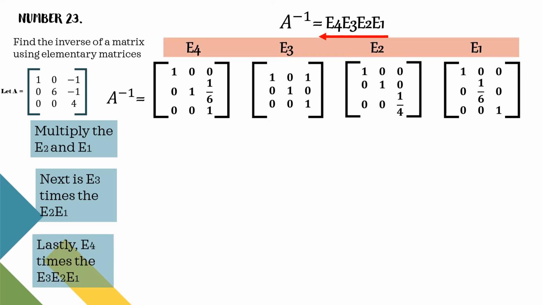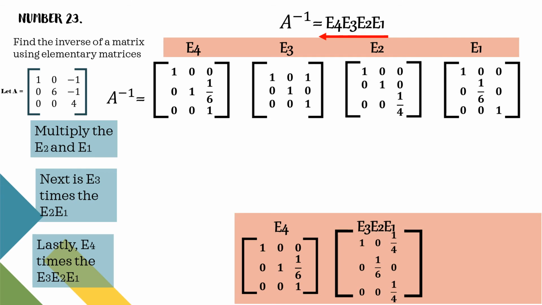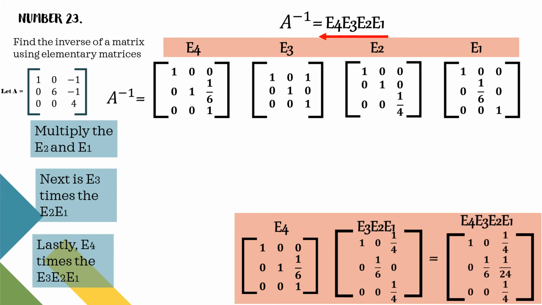And lastly, E sub 4 times the product of E sub 3, E sub 2, and E sub 1, the matrix that we got earlier. E sub 4 times the matrix of E sub 3, E sub 2, and E sub 1 equals a 3 by 3 matrix. We have 1, 0, 1/4, 0, 1/6, 1/24, 0, 0, 1/4.